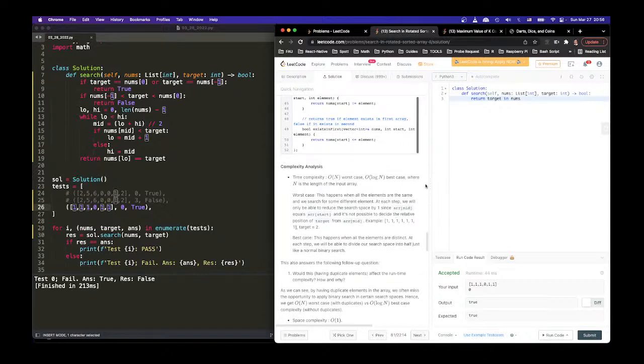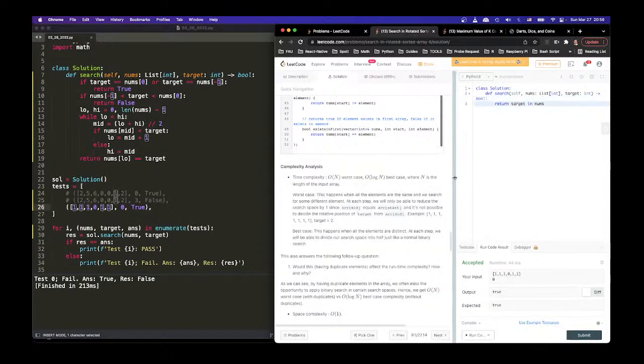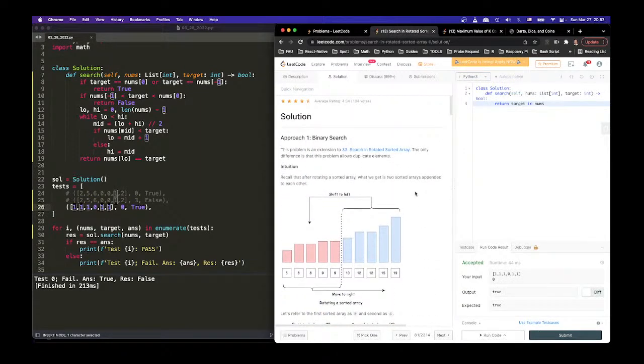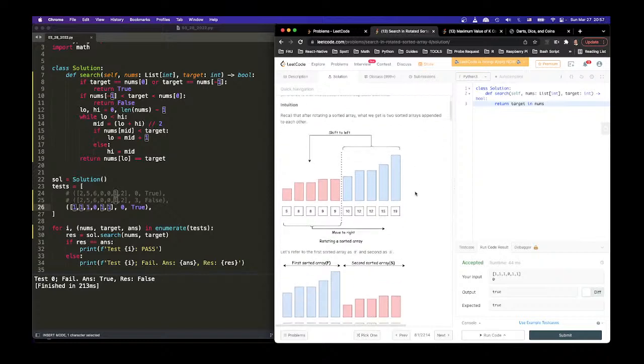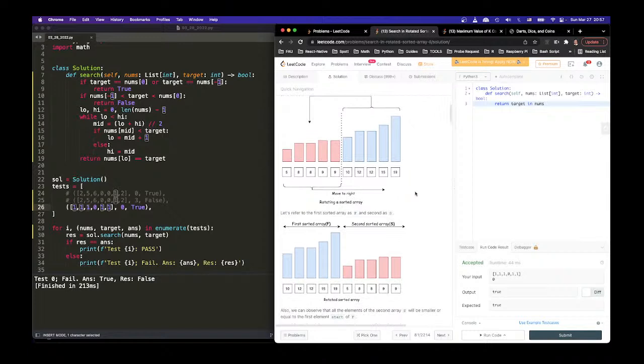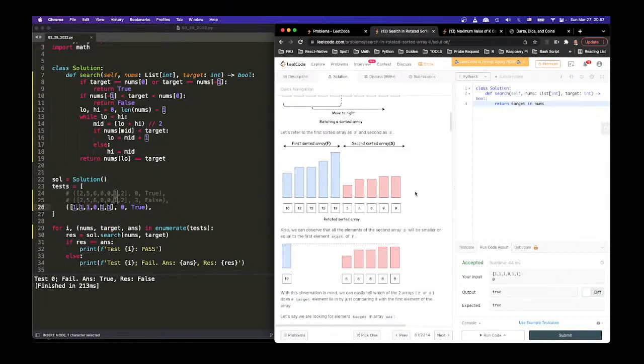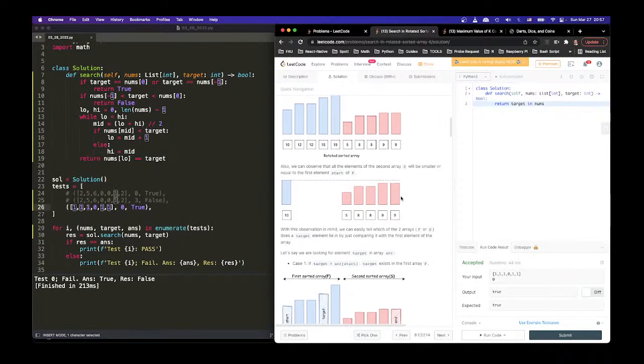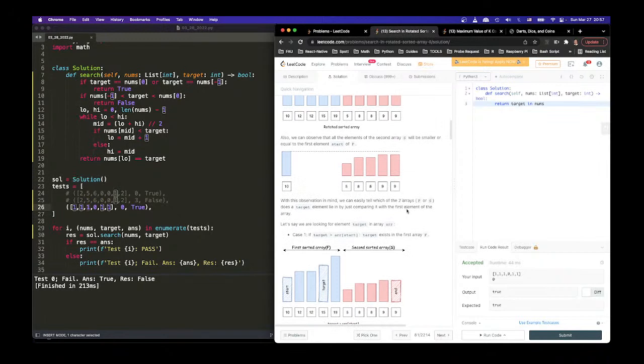How would you search? So actually the problem, okay.